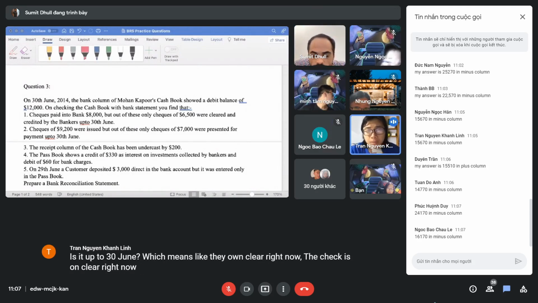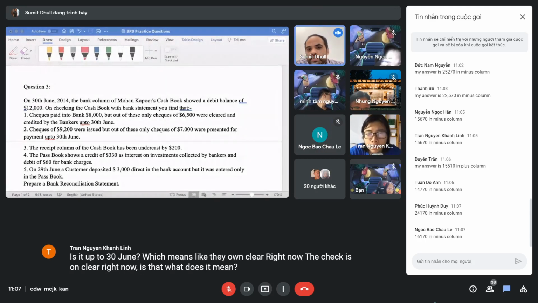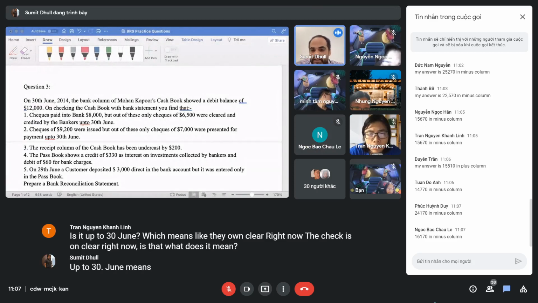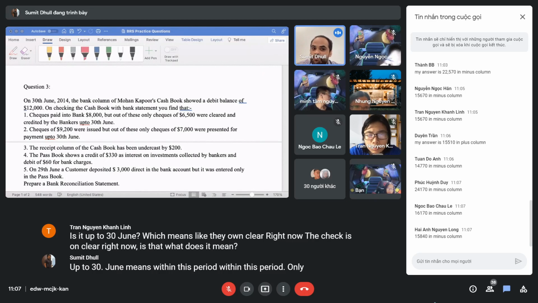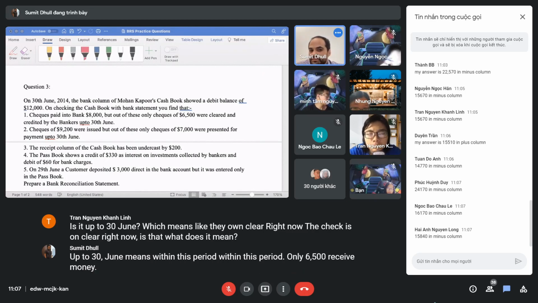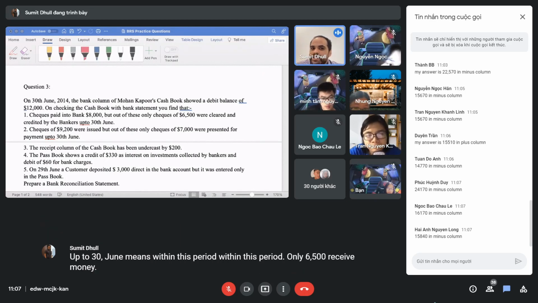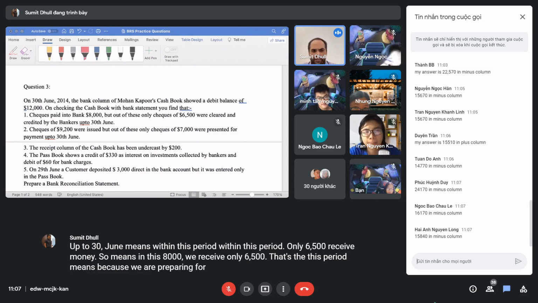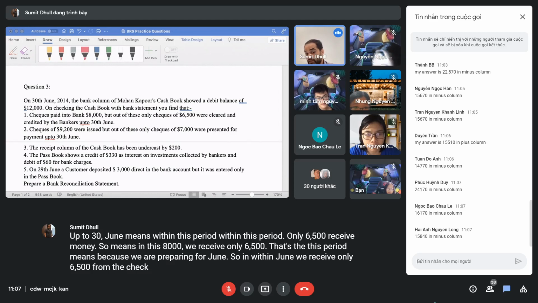Up to 30 June means within this period, only 6,500 received money. In this 8,000, we received only 6,500, because we are preparing for June. So within June, we received only 6,500 from the check. We haven't received 1,500.